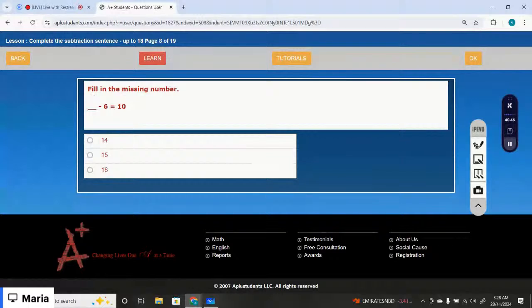Fill in the missing number. The correct option is 16 minus 6 equals 10. So the missing number is 16.